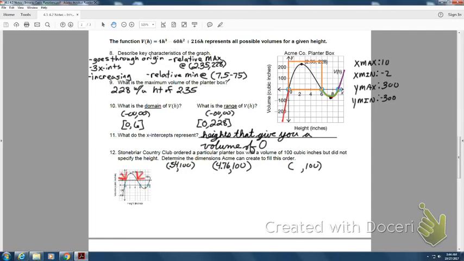Now, we already said that the x values, those represent what? The y represented the volume. The x is representing the what? If only they labeled the axis for us. The height, okay?